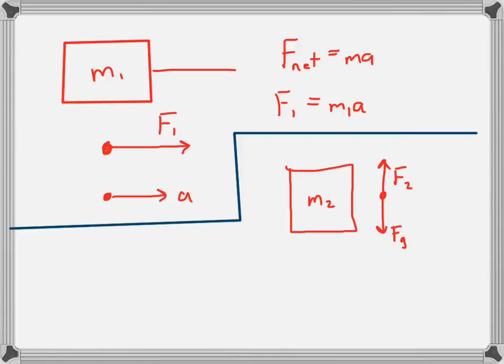The reason is that if the tension forces were the same, there would be zero torque on the pulley, so the pulley wouldn't rotate and we wouldn't be moving anything. So if our pulley has mass and we have to consider that mass, then it has to also be true that this tension force, F1, pulling this mass, has to be different than F2, which is the tension force holding this mass up.